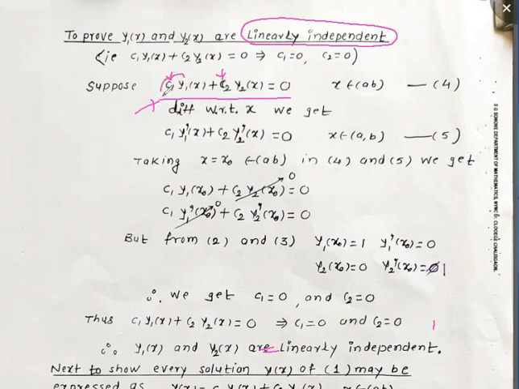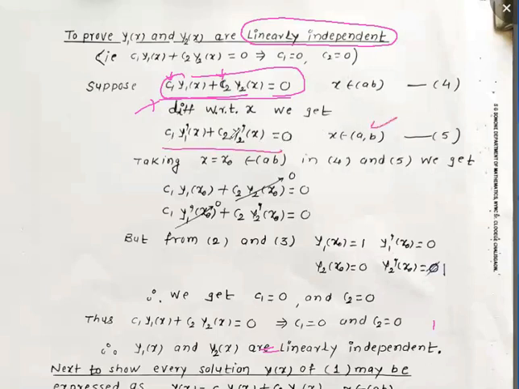We start with this linear combination, suppose it is 0. Now let us find the values of c1 and c2. Differentiate this equation. What do we get? c1 y1 dash plus c2 y2 dash equal to 0.